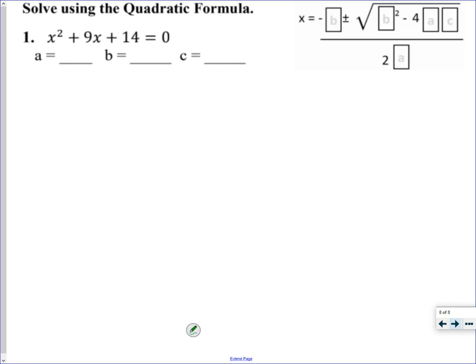In number 1, the A is actually a 1, the B is 9, the C is 14. So I've got my equation right there.